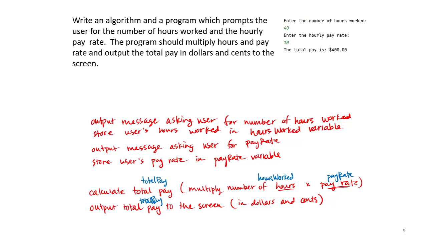Well, wait a minute, where do those variables come from? Turns out in C++, we actually need to tell the computer that these variables exist. We have to declare these variables.